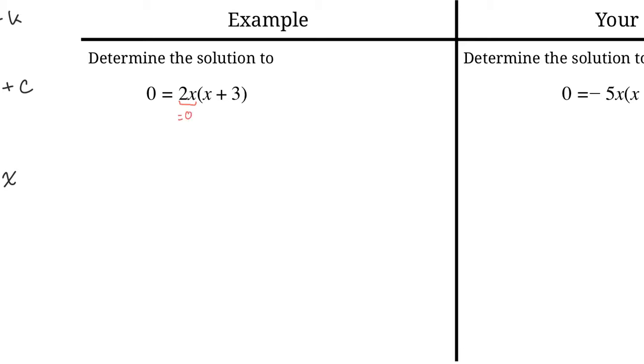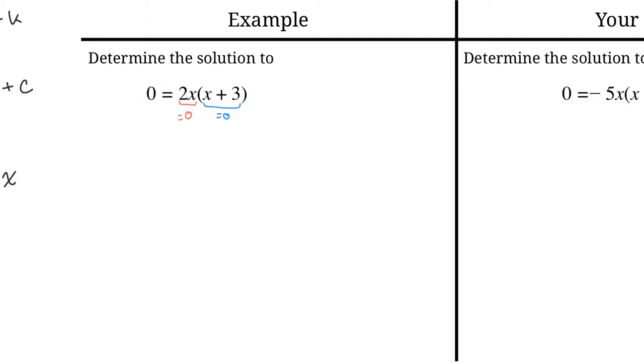So 2x is equal to 0. Well, that would mean that whatever x plus 3 is, that multiplied by 0 is equal to 0. And what if we had x plus 3 equal to 0? Well, that also means that whatever 2x is, 2x times 0 is equal to 0.